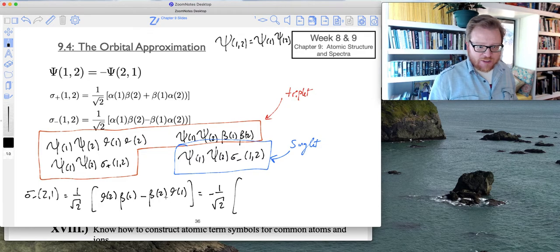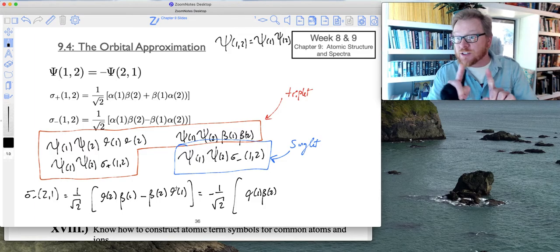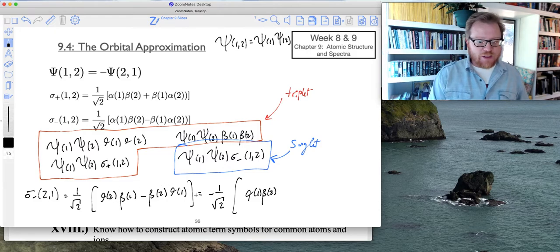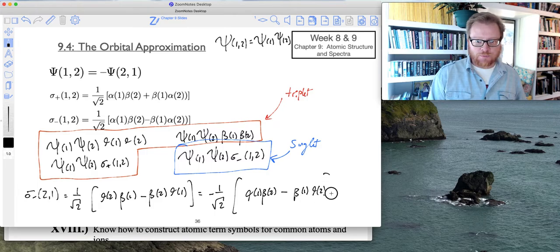So this is my positive term, and now I'm going to write that as alpha 1 beta 2. It was written as beta 2 alpha 1, but because this operation is just multiplication, I can write it in the other order. And now this term, because I factored out the negative, is going to be negative. So I'll write that as negative beta 1 alpha 2.